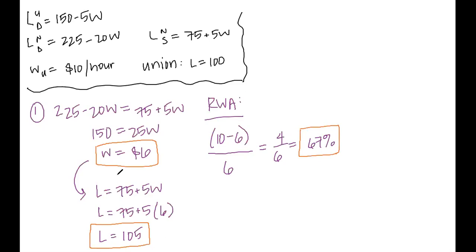But that is number one. Number two says, as the current union contract expires, the union votes to increase its wage demand to W equals 15. How many union workers lose their jobs? Like I've said before, when we're looking at the hiring side, we're going to be focused on labor demand.